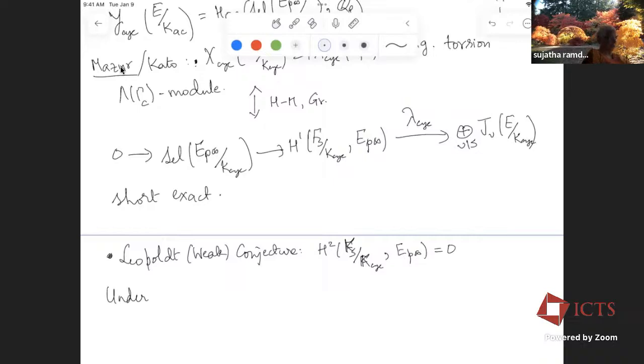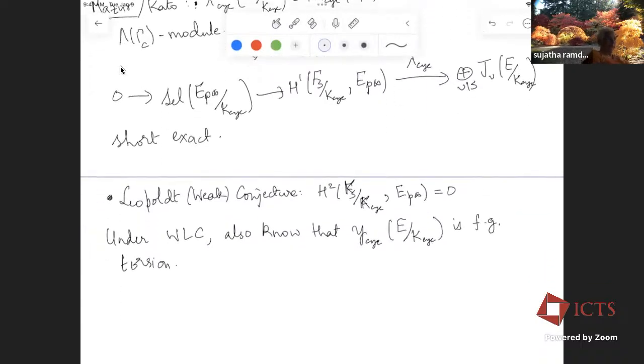So under the weak Leopoldt conjecture, we also know that the dual fine Selmer group, Y cyclotomic of E over K cyclotomic, is finitely generated and torsion. This is in the ordinary case. And in the supersingular case, we still have weak Leopoldt.